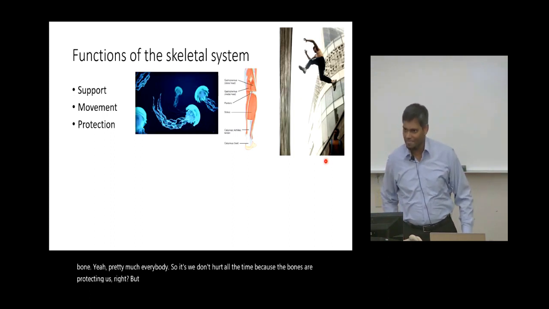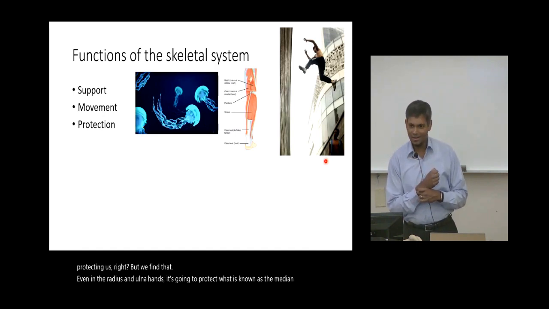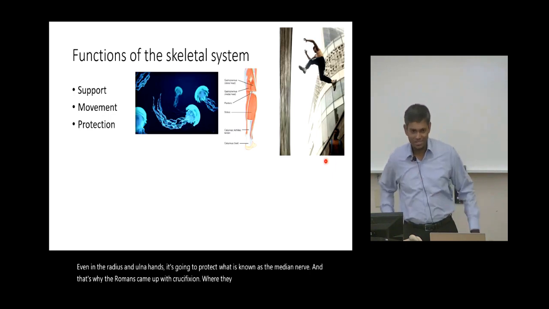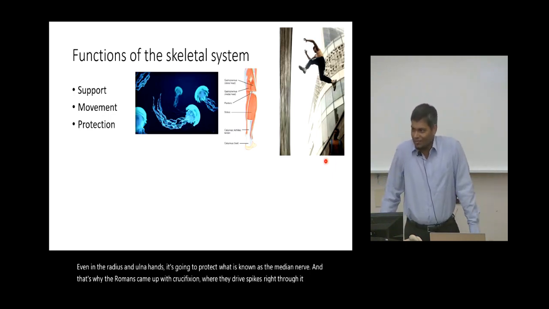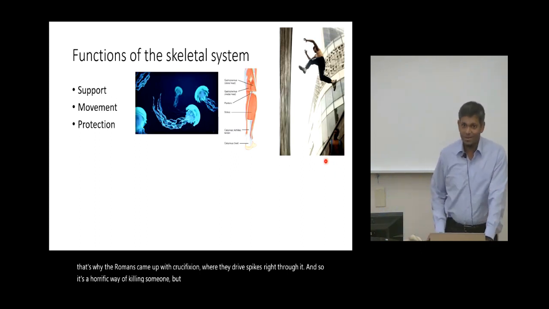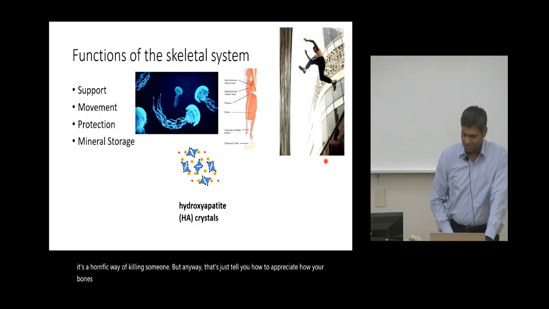Even the radius and ulna in our hands protect what is known as the median nerve, and that's why the Romans came up with crucifixion, where they drive spikes right through it, and so it's a horrific way of killing someone. But anyway, that's just to help you appreciate how your bones protect you.